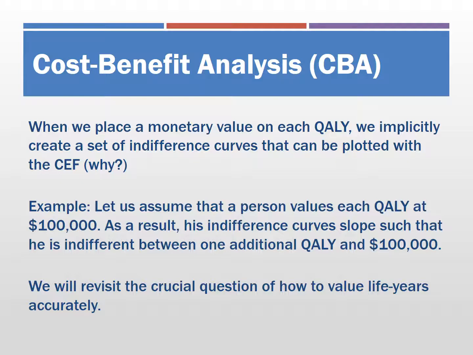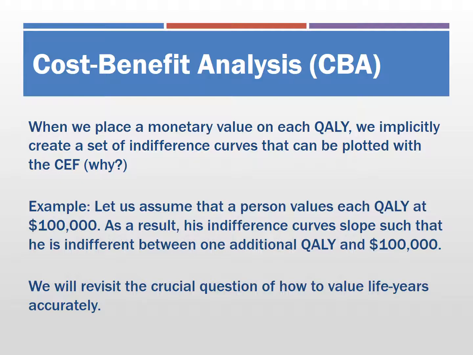That means this person thinks an improvement of one quality year is worth spending $100,000. So his indifference curve is sloped such that he is indifferent at $100,000 for one additional year gain of quality life. For one additional year gain in life, this person is willing to pay $100,000.